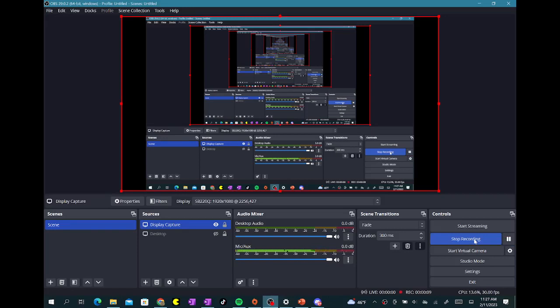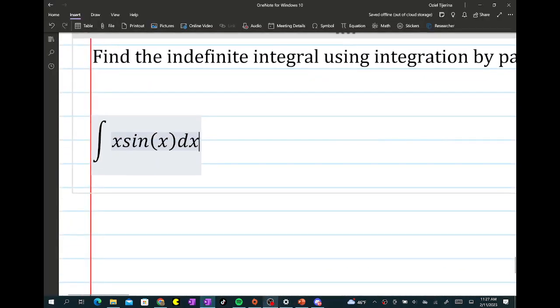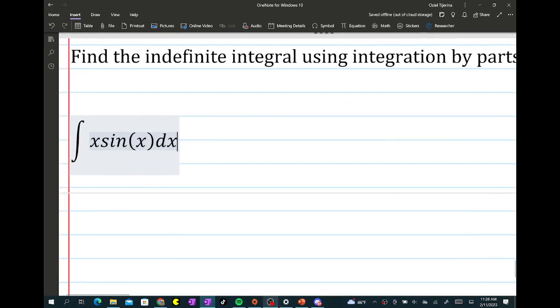So in this video, I want to take a little break from college algebra and do some calculus, okay? In this example, it says, find the indefinite integral using integration by parts.